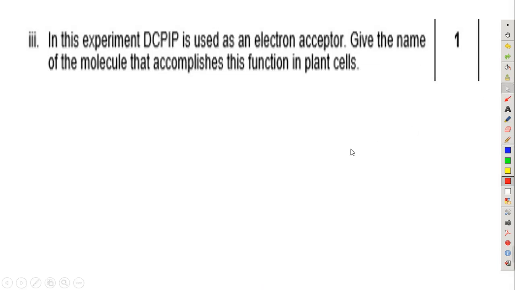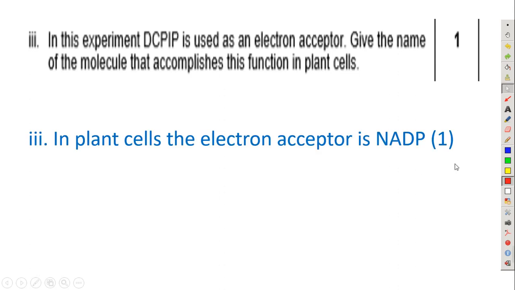Okay, third one. As I said, Robert Hill used DCPIP as an electron acceptor. In actual plants, it's another molecule, and the name of this molecule is NADP. We'll see this later on, but if it's an electron acceptor, this means that NADP can gain electrons.